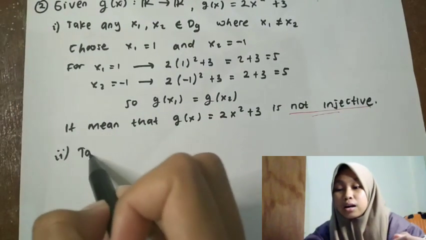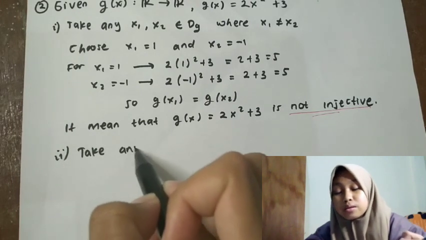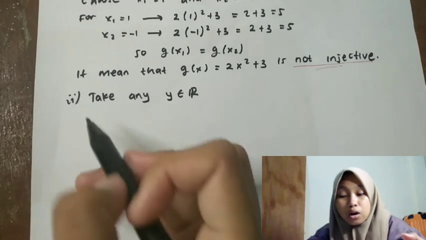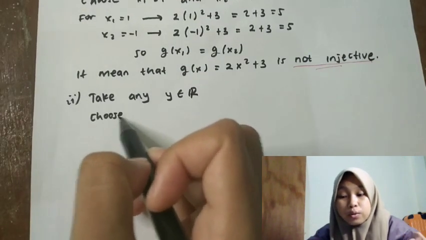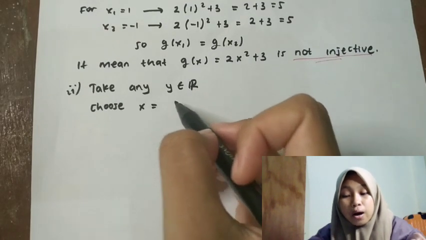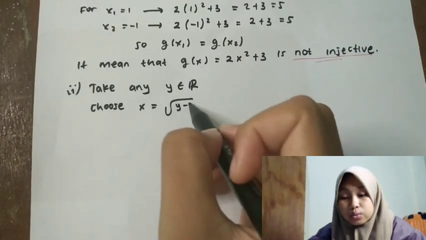Next, to prove whether this is surjective or not, take any y element of the real numbers. We can choose x = the square root of (y - 3)/2.